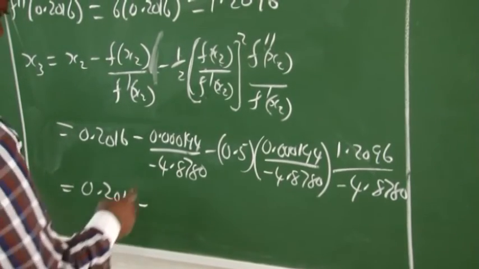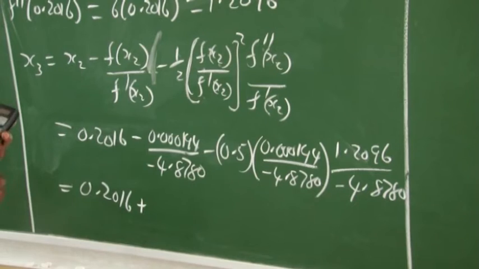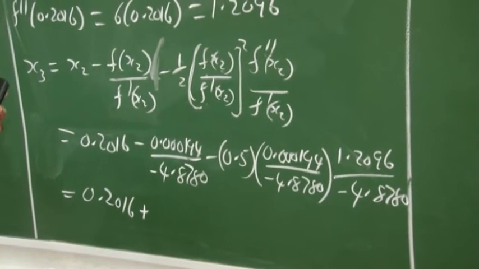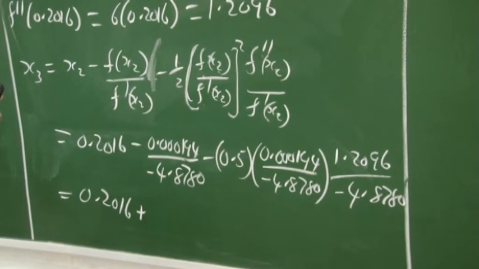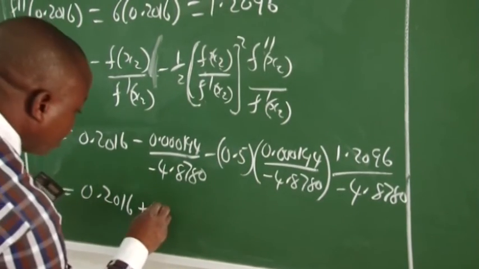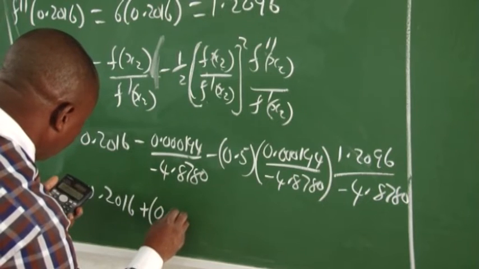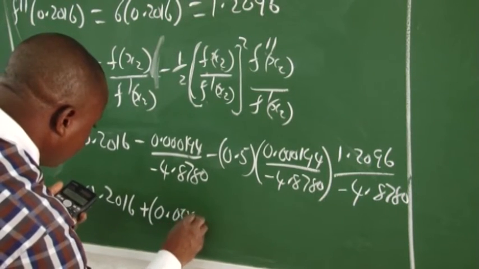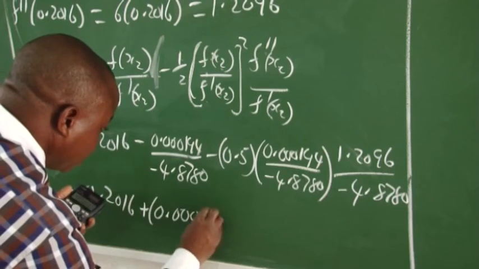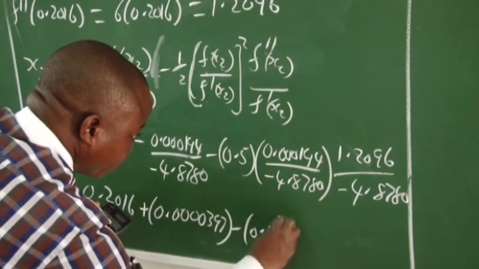So the computation becomes 0.2016. Then if you look at this, we have plus here because of this and this. And then if you do that, we have 0.000194 divided by 4.8780. Here we have 0.0000397 minus 0.5.